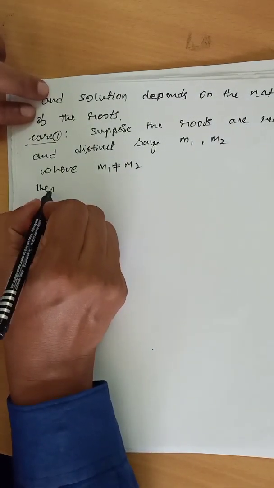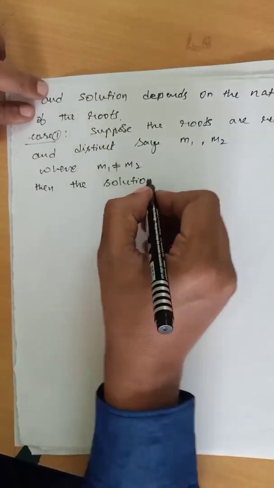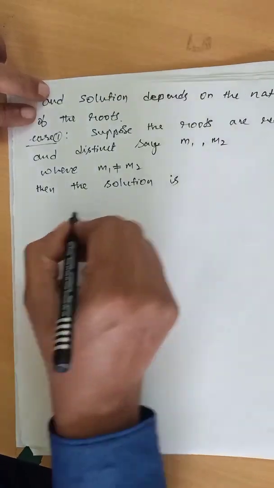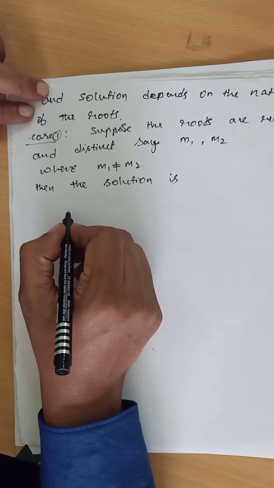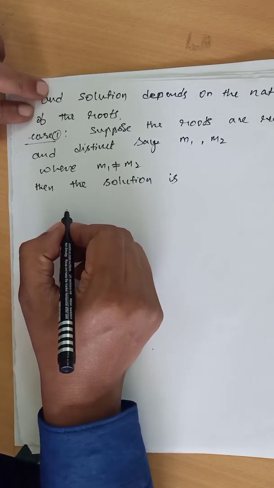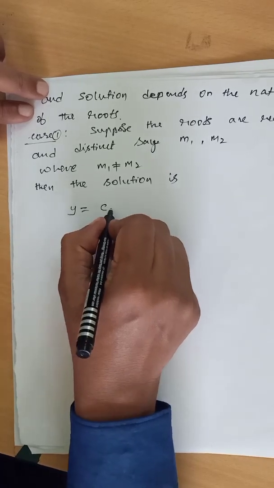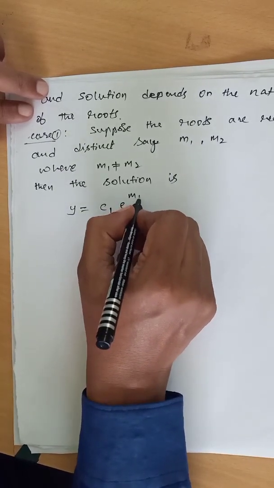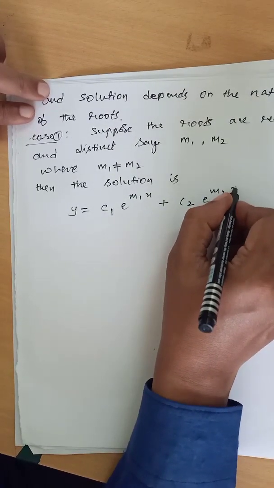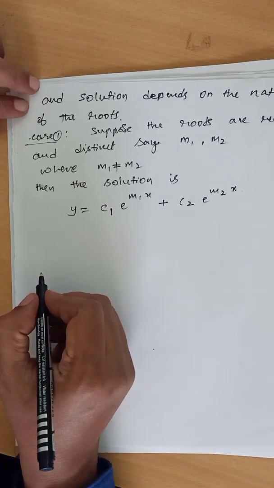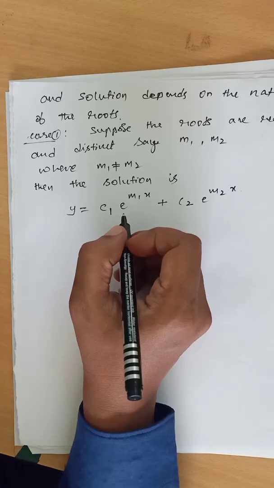Then the solution is, you recall, the roots are real and distinct. To construct the general solution of the given ordinary differential equation, y is equal to c1 e power m1x plus c2 e power m2x.